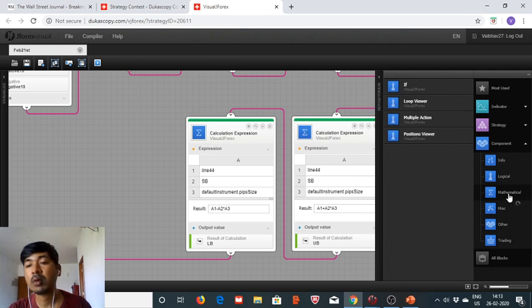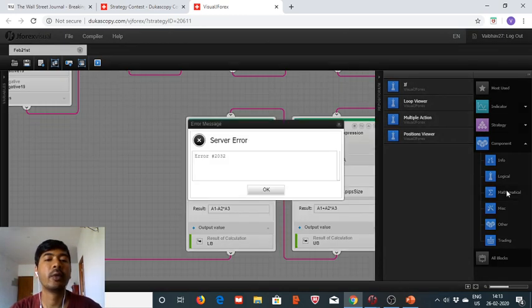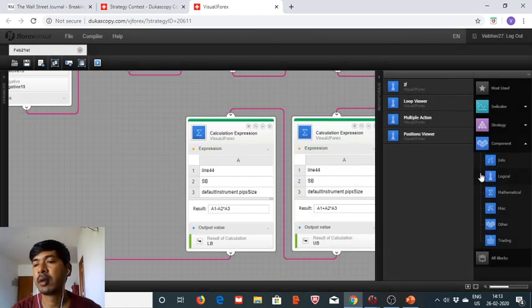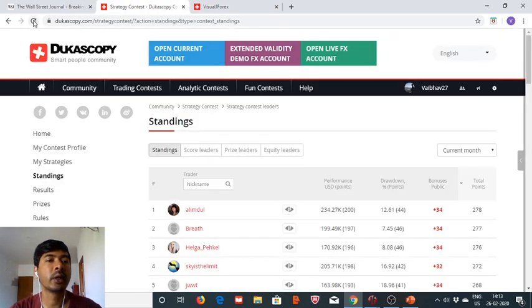to load our components. Yes, we need the calculation expression, and I don't know why there is this server error. Let me try once more. The net connection should be good, but let's see.